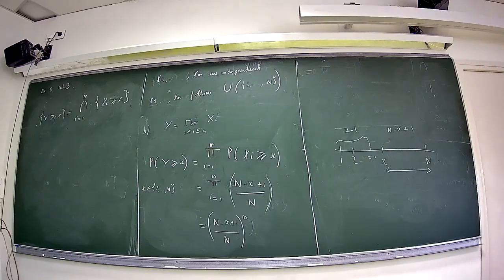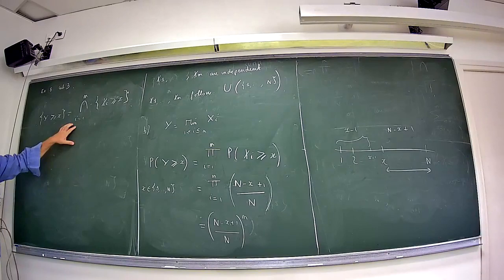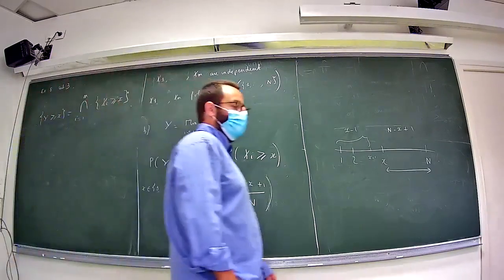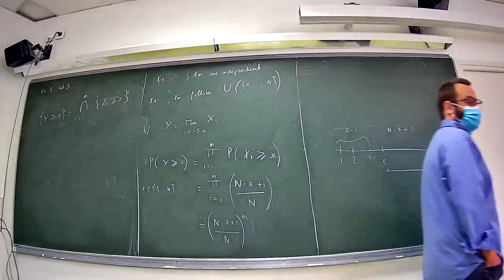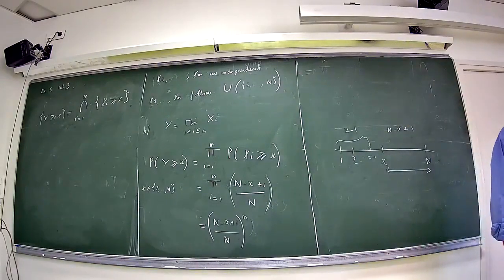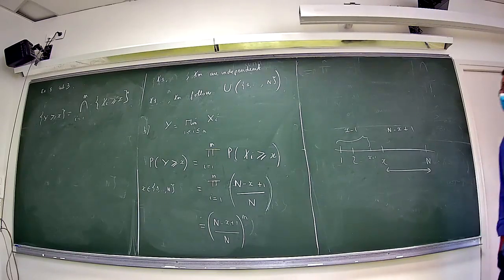So it's exactly in the same spirit. The only thing that you have to keep in mind in the case of the mean is that the minimum is greater than x if they are all greater than x. The maximum is less than x if they are all less than x. Minimum greater, they are all greater. In the two cases, this is an equivalence.